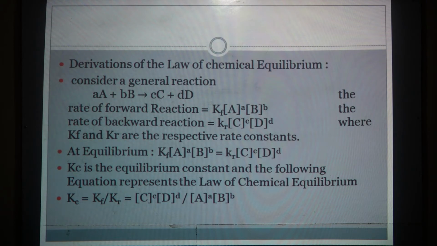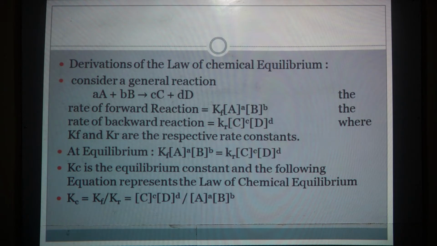Rate of backward or reverse reaction is Kr [C]^c [D]^d, where Kf and Kr are the respective rate constants. Kf is the rate constant of the forward reaction, Kr is the rate constant of the backward or reverse reaction.